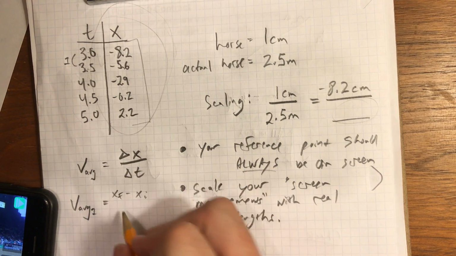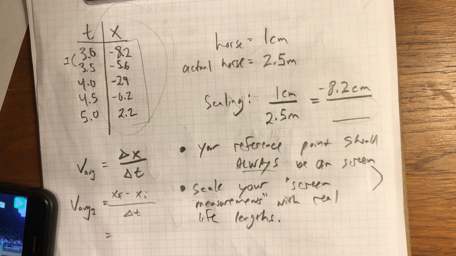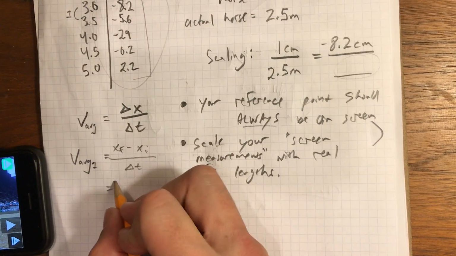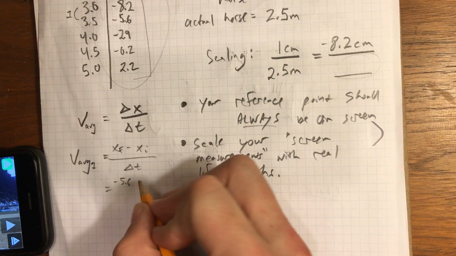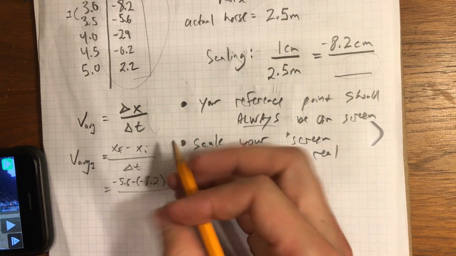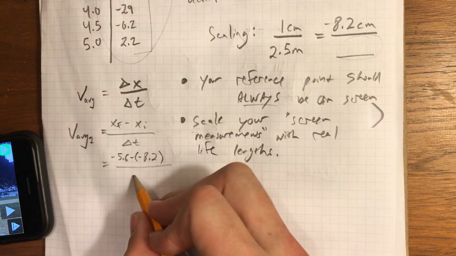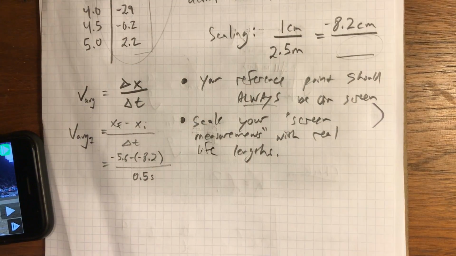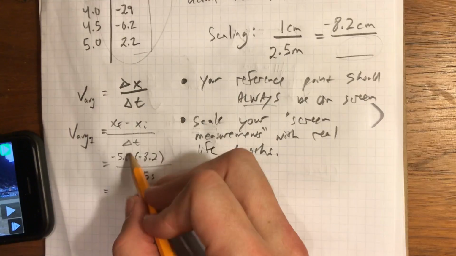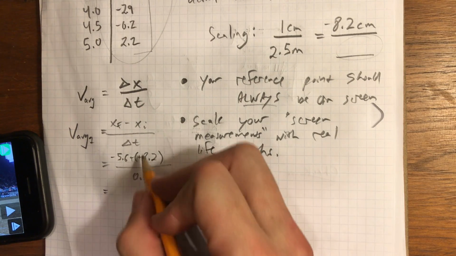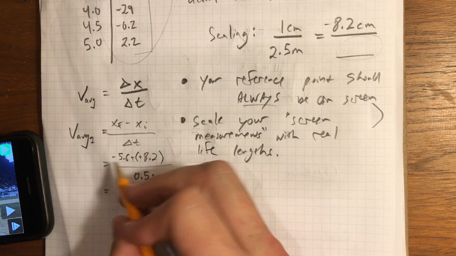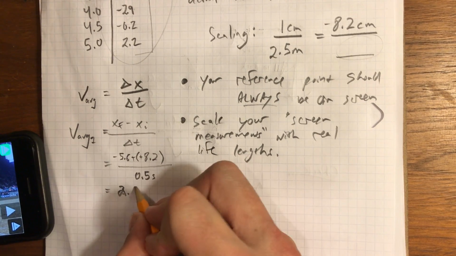XF minus XI over delta T equals, notice I'm being really careful here so I don't make a mistake, so the final position here would be negative 5.6 minus negative 8.2 over the delta T, which is going to be 0.5 seconds from 3 to 3.5, and then negative 5.6 plus 8.2 would be 2.6.